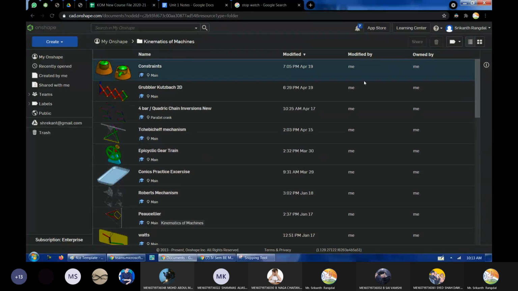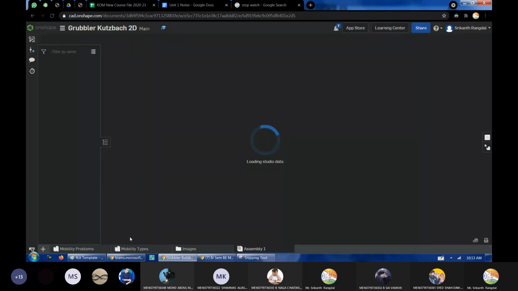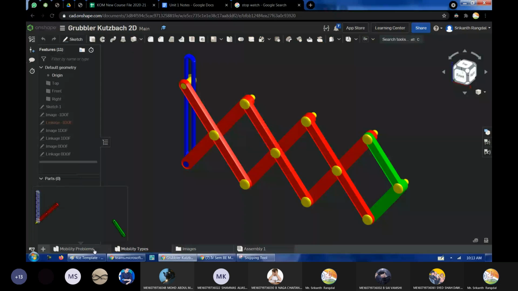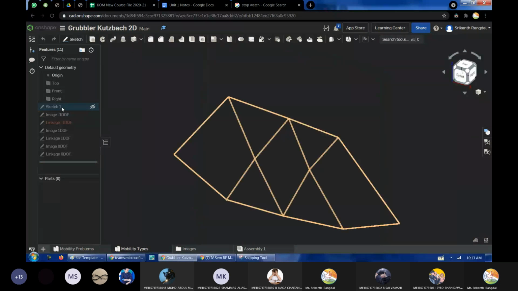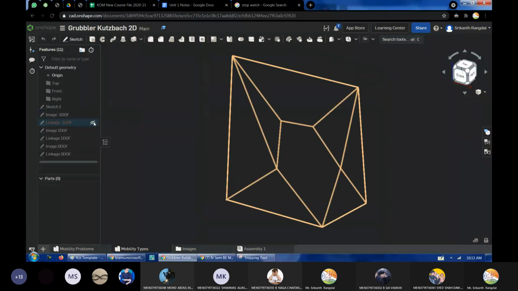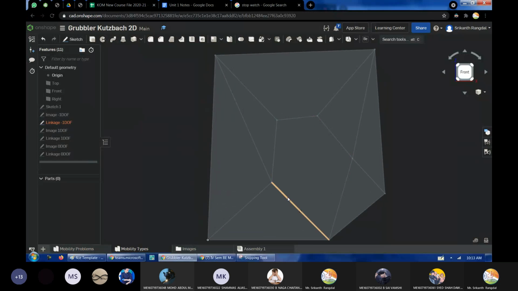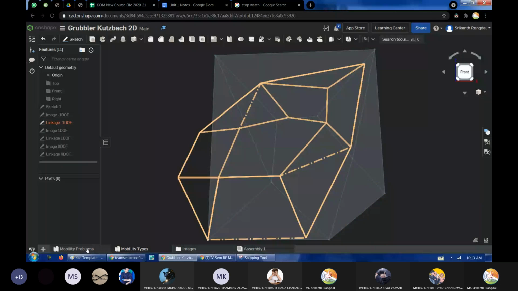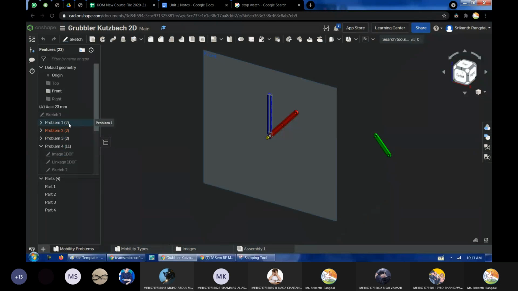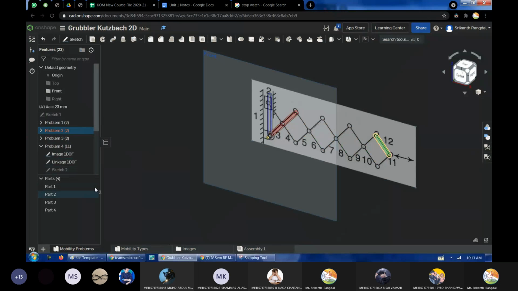Where did that thing go? Yeah, Grübler criterion. -1 degree of freedom, right? Okay, so this is how the mechanism looked, correct? Was it this or what?